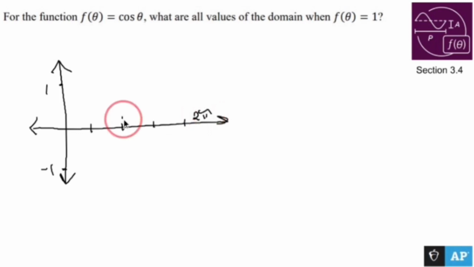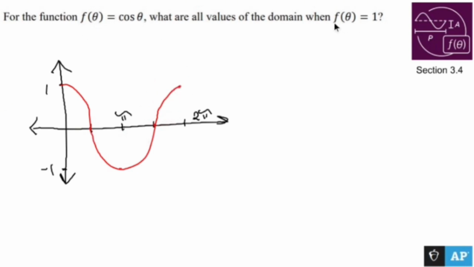Those are the sweet spots. Starts up here, bottoms out there, hits the x-axis, peaks at 2 pi, repeat.